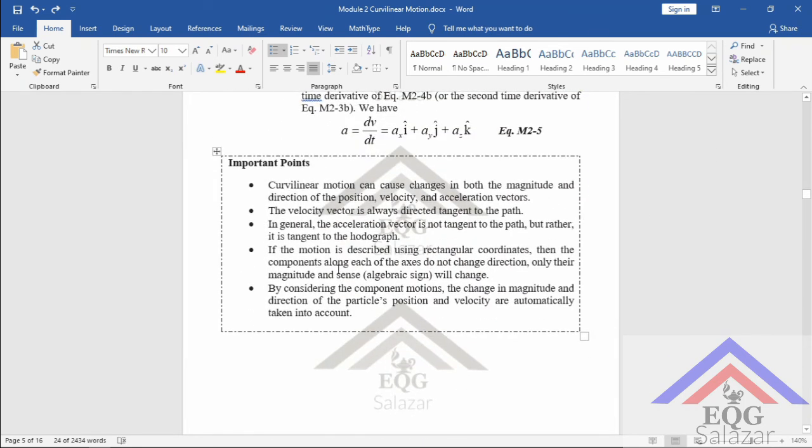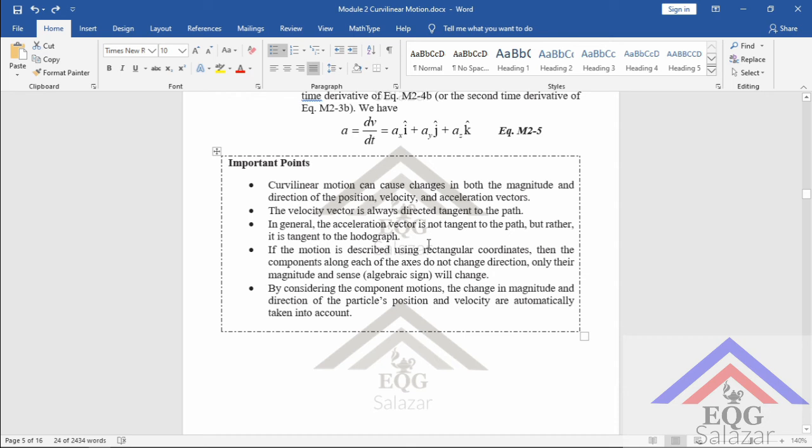So important points for this section are: curvilinear motion can cause changes in both the magnitude and direction of the position, velocity, and acceleration vectors. Velocity vector is always directed tangent to a path. Acceleration vector is tangent to the hodograph but not tangent to the path.